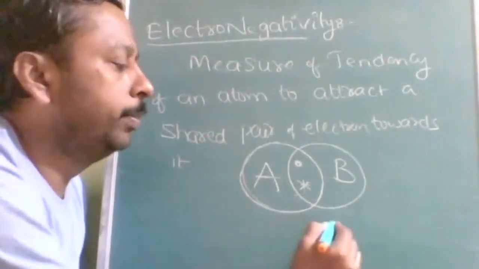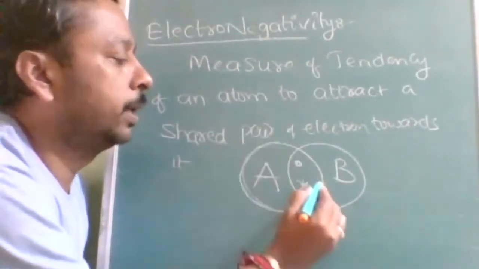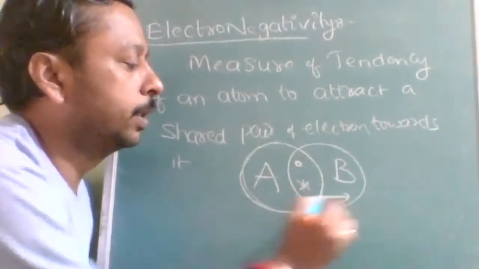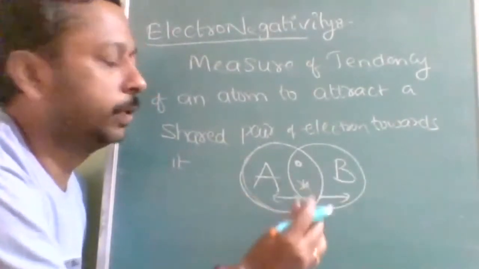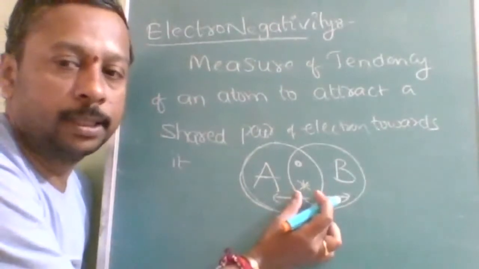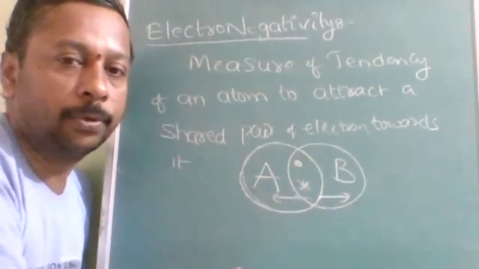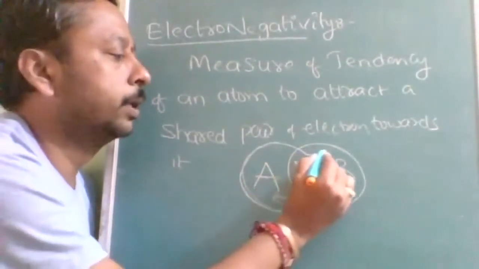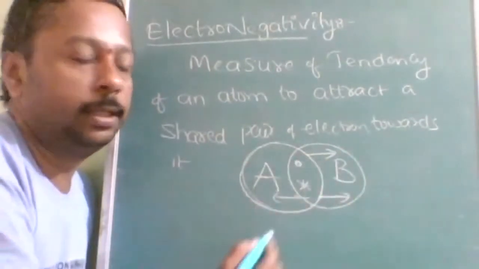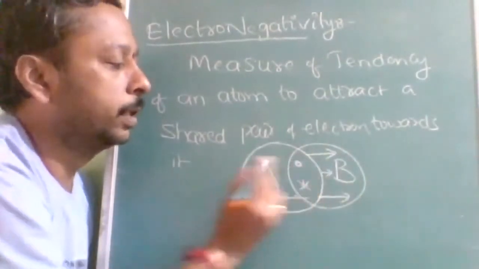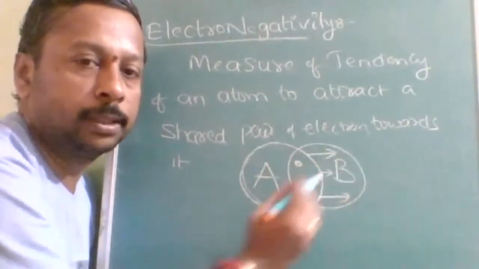Let us take B sharing is more. That means it attracts more. See, this is attraction, this is attraction. If both attractions are the same, the pair will be exactly at the center. But let us take that the electronegativity of B is more.